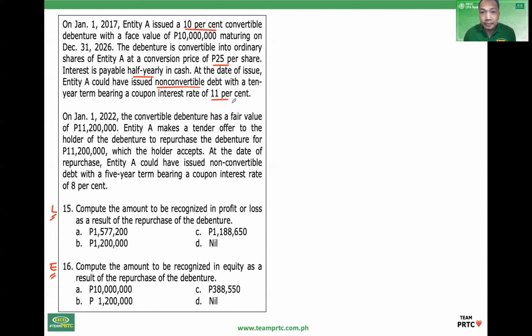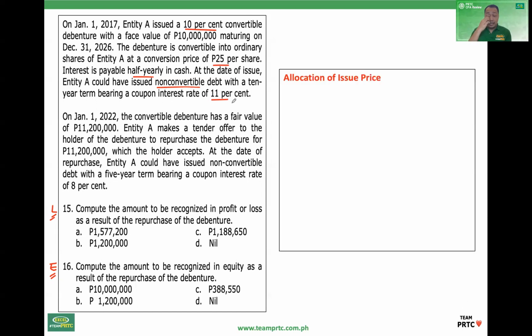Let's compute. Okay? So to allocate the issue price. So issue price without how much? Discount the cash flows. The principal and interest at what rate? 5.5%. Ito yung prevailing rate if the bonds are not convertible. Term is 10 years, pero dahil semi-annual times 2, 20 payments.